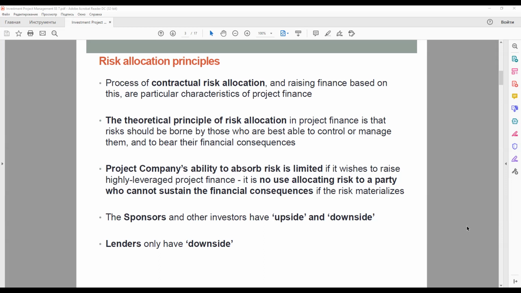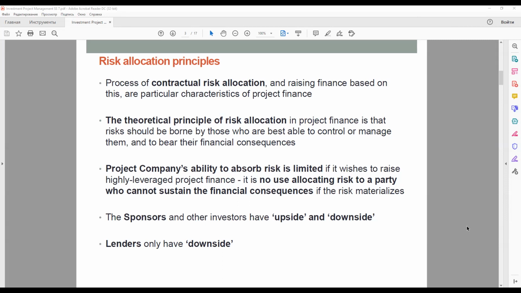Lenders, on the contrary, have only downside. If the project goes well, they don't benefit, as their loan terms are fixed, whereas if it goes badly, they may lose money. It follows from that that risk minimization is a key principle for the lenders.